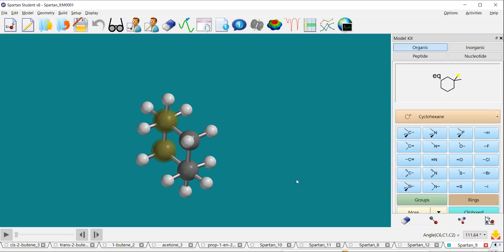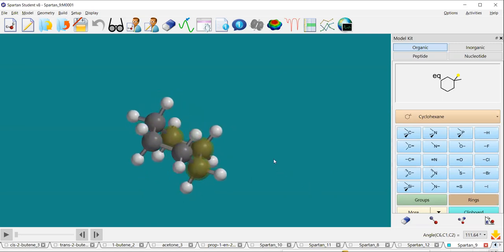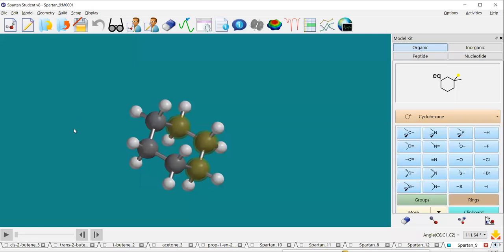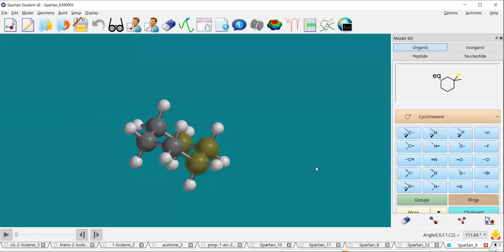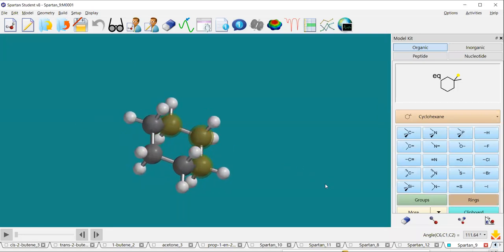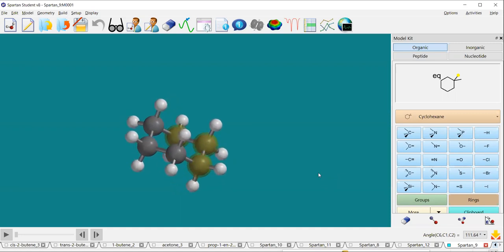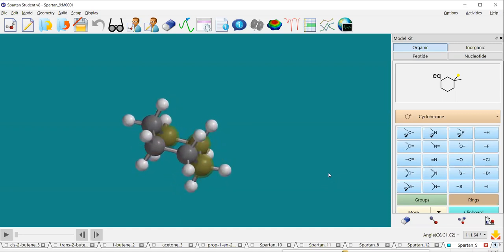And then I have to measure the distances between different hydrogens and determine whether steric strain exists, which means if they are closer than 2.4 angstroms. So let's do that. Let's measure the distance between these two.